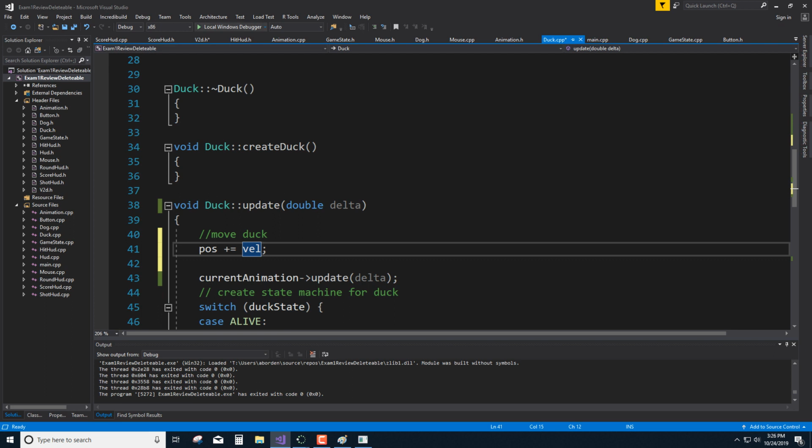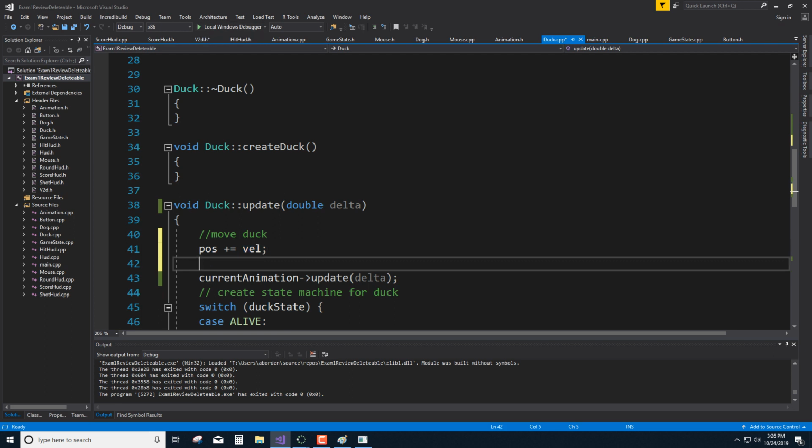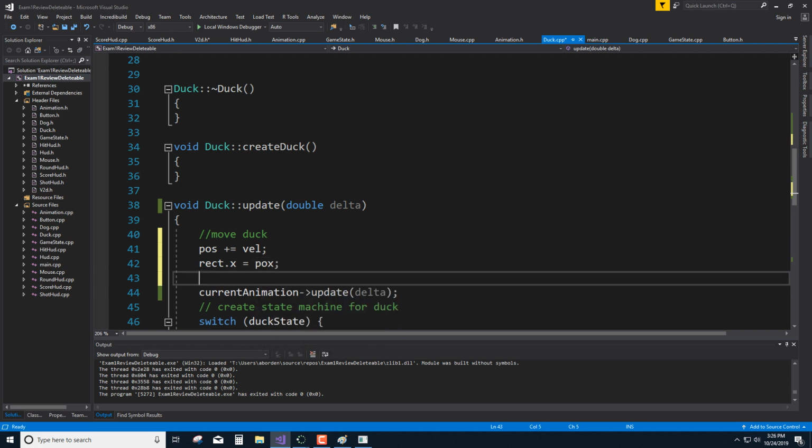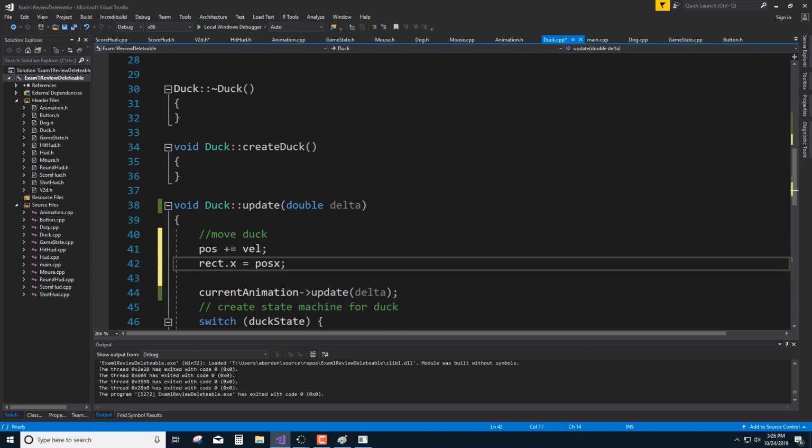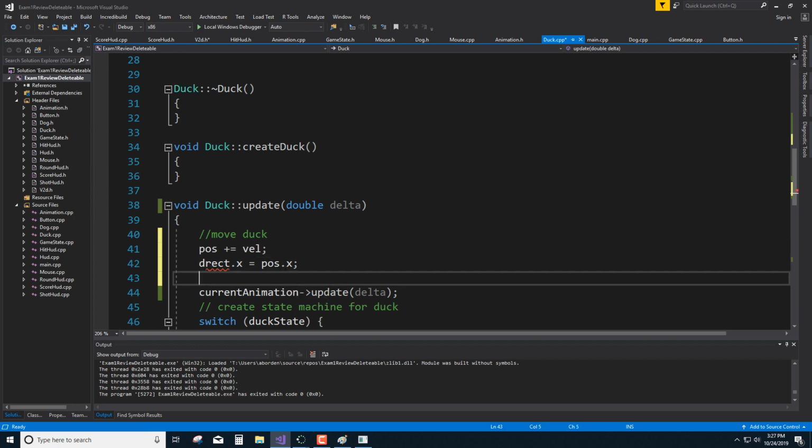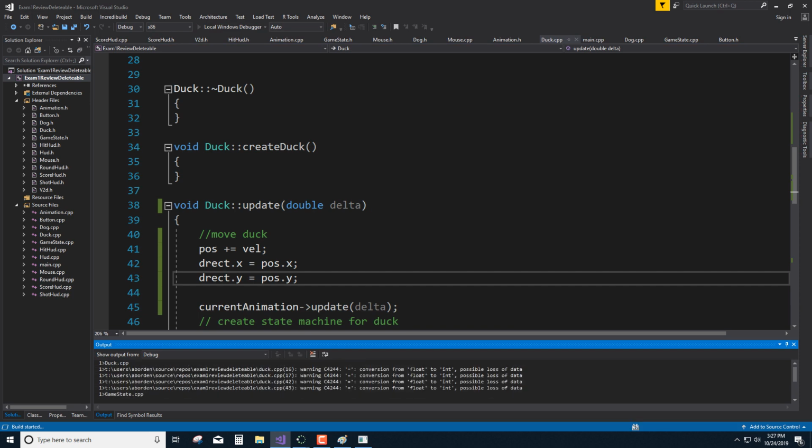I think that's going to be wrong. But anyways, our rectangle is going to be updated based on the position. Sorry, that's the destination rectangle, not the source. Sorry, I haven't done the physics in a long time, so this will maybe take a little trial and error.